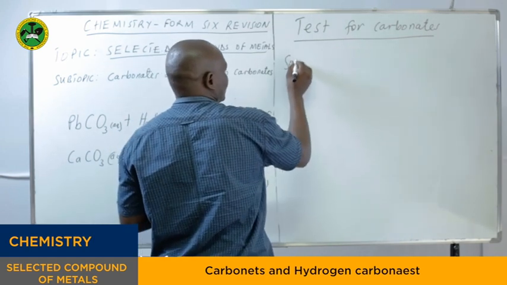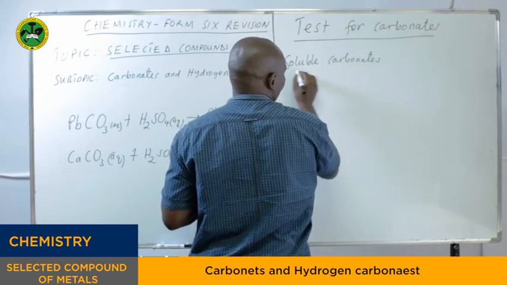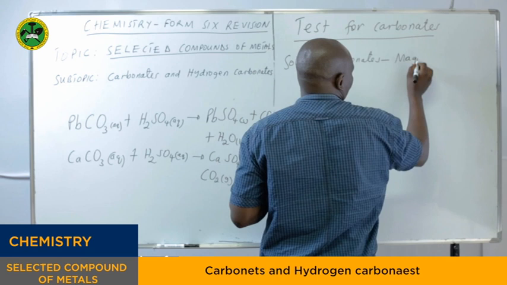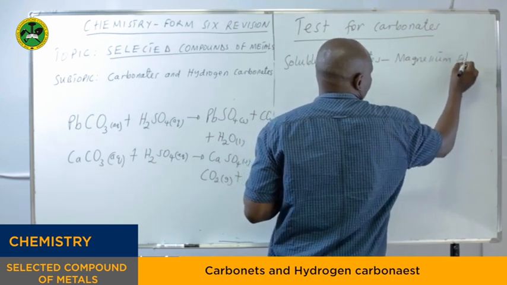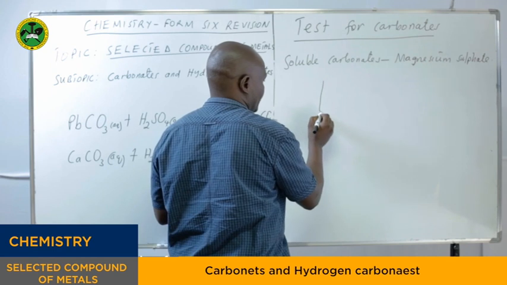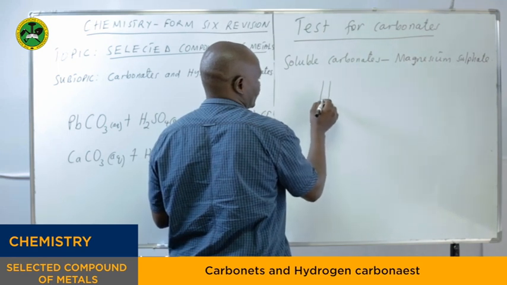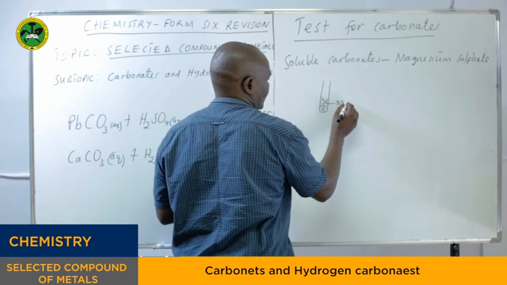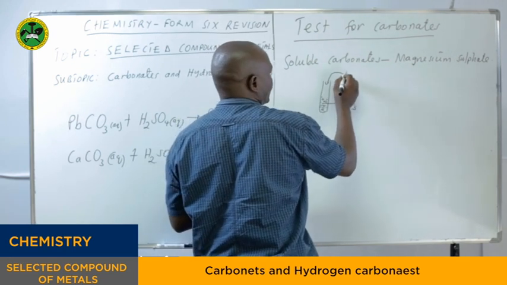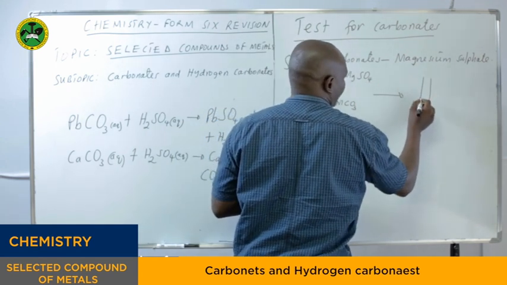Normally here for soluble carbonates, we use magnesium sulfate, whereby if you have your test tube with a solution of any metal carbonate and you add into it magnesium sulfate, then a white precipitate is formed.